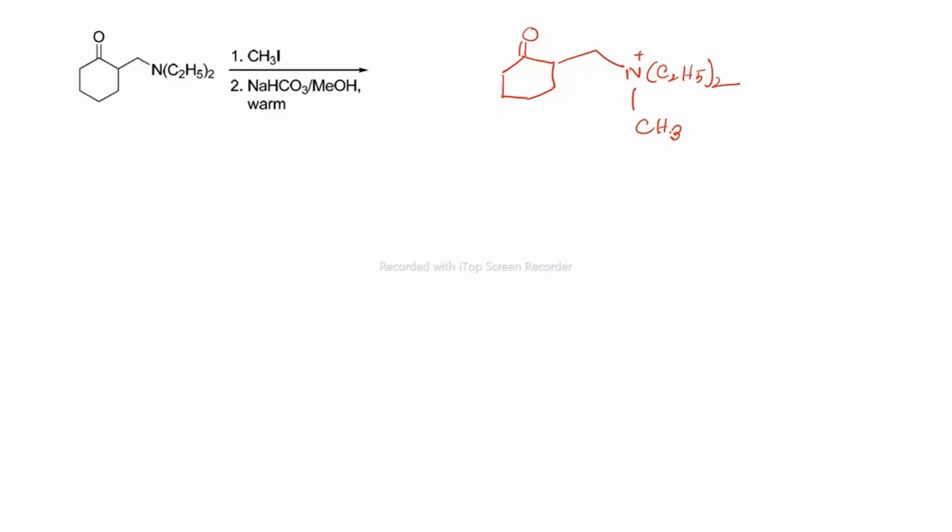After that, a normal E2 elimination will happen. Here there is no question of selectivity. Sodium bicarbonate, NaHCO3, will abstract this proton, and this will come and this will go. So we'll get the product like this.